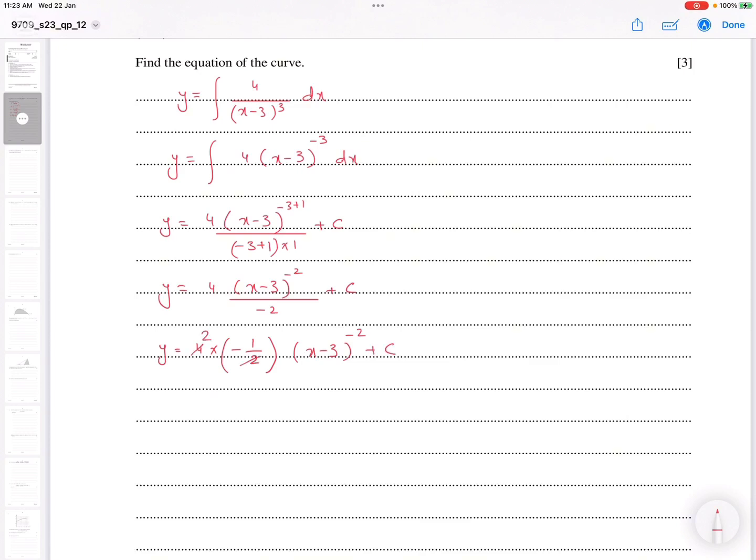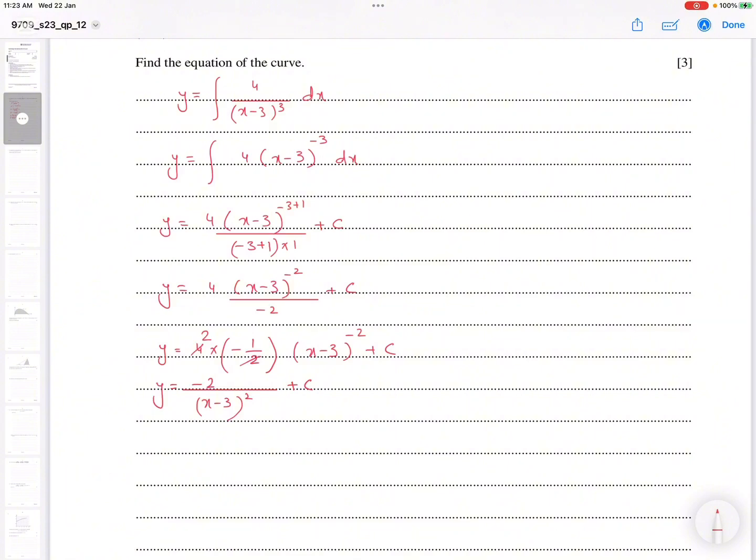Now 2 2s are 4, so this will become y equals negative 2 over, make this bracket positive by bringing it down, (x minus 3) squared plus c.